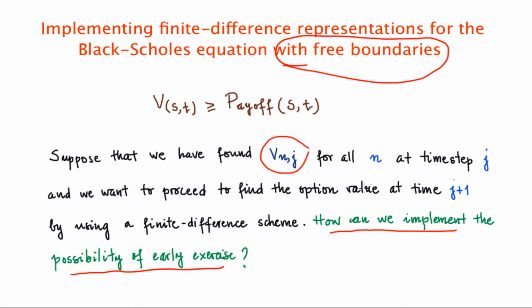How can we implement here, in any of the finite difference schemes that we have already developed before, the possibility of early exercise?